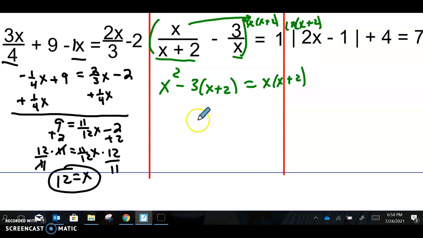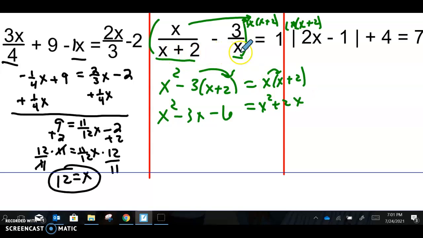I'm not going to write the 1. So I have x squared minus 3x minus 6. Be careful when you distribute -3 through, you get -6. And we distribute the x and get x squared plus 2x.